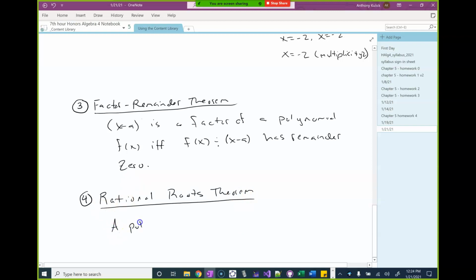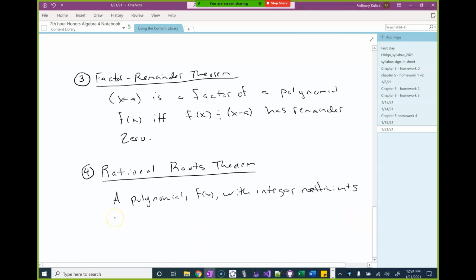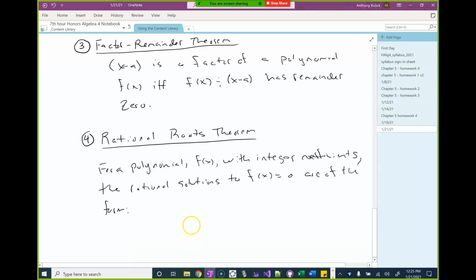Let's see, we should say a polynomial f of x with integer coefficients, the rational solutions to f of x equals 0 are of the form x equals plus or minus a factor of the constant term divided by a factor of the leading coefficient.